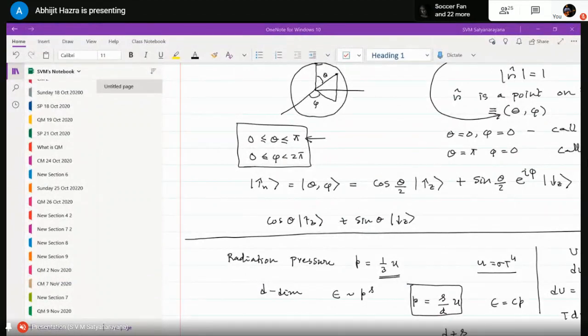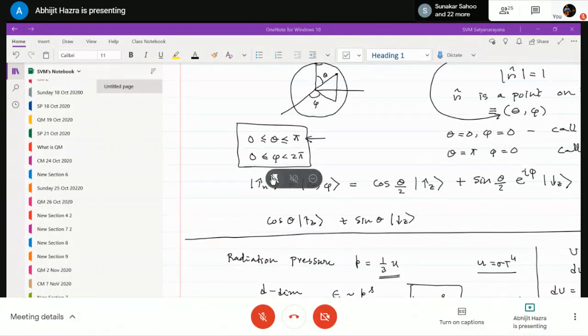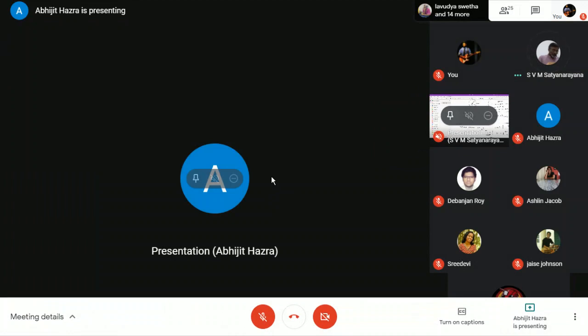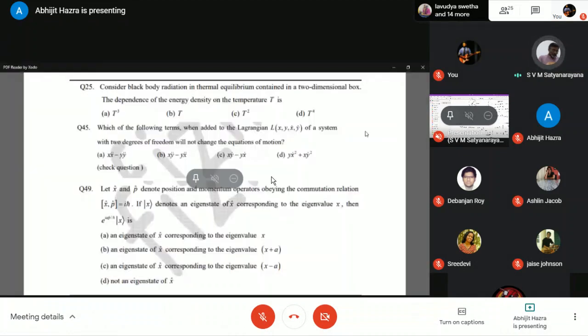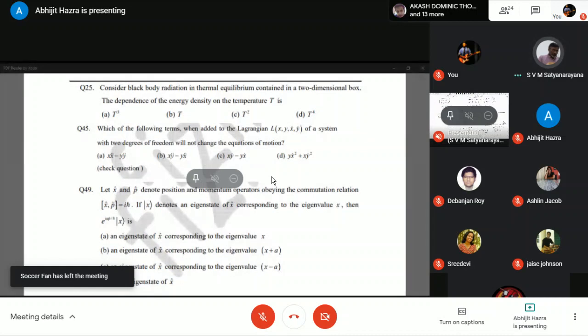Yes, sir. Which of the following terms, when added to the Lagrangian of the system, will not change the equation? Let me give you a clue: there is something called a gauge choice for the Lagrangian.